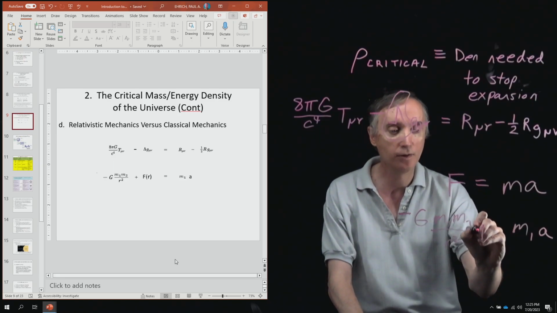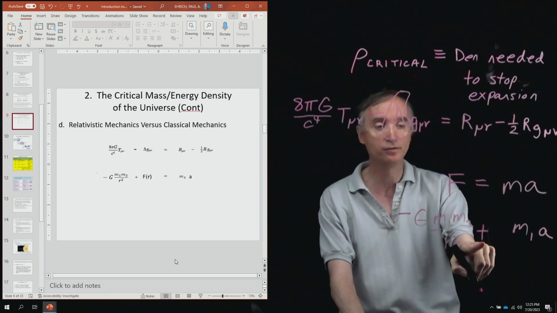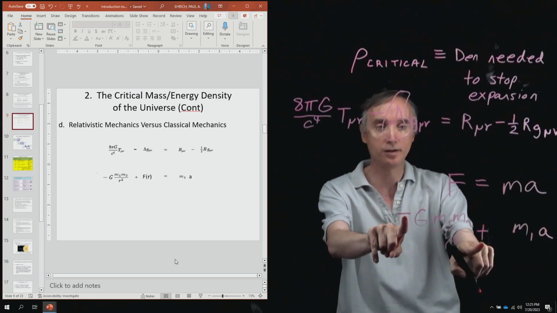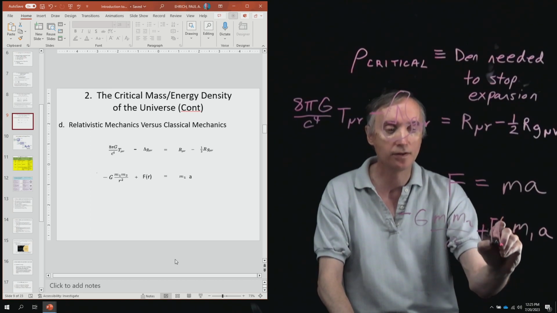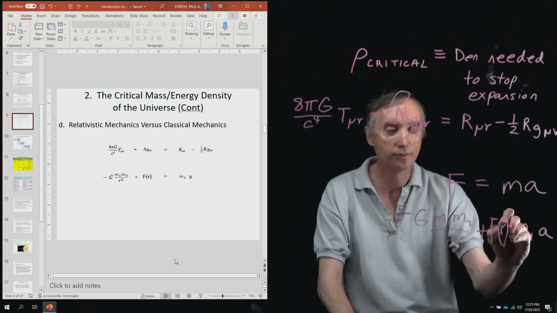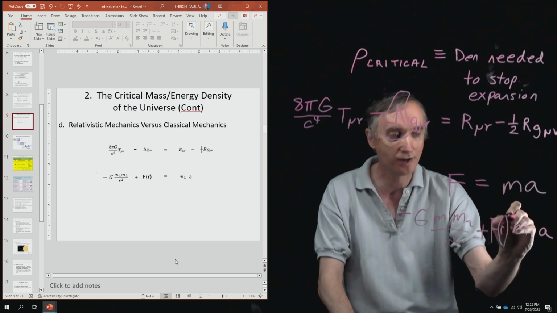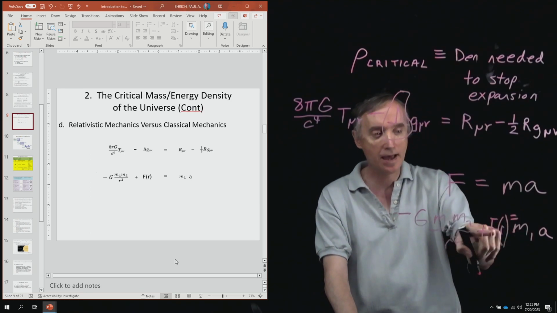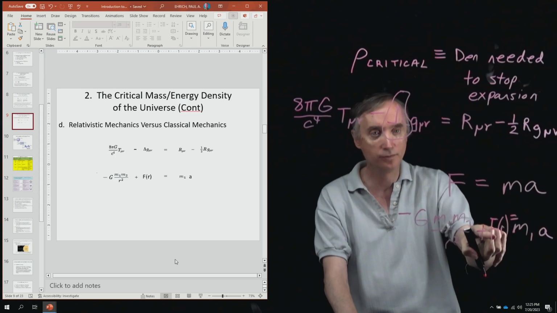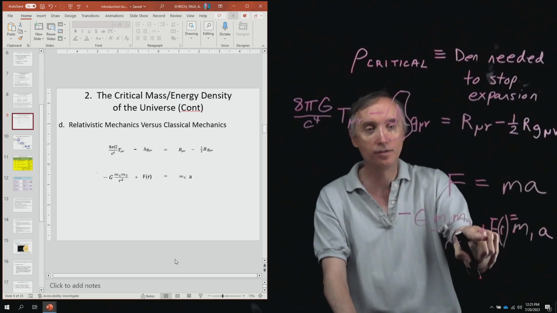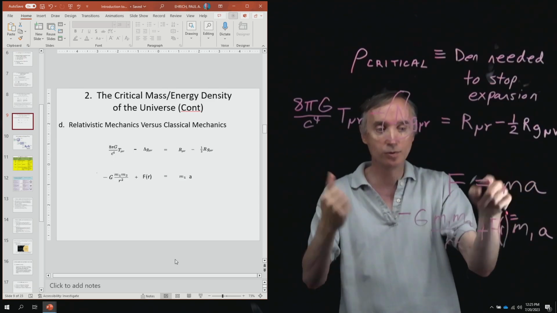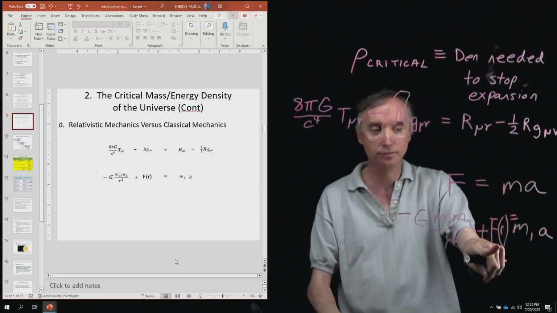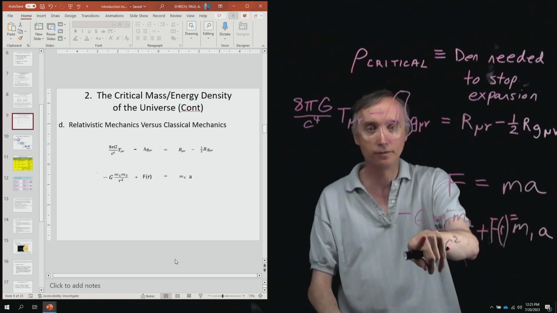We said that it was a term that was positive to counteract the negative, and it was some force that depended on R. Then put the equal sign in there. So we need to add one additional term, and the effect of this term would be to expand the universe. This would be anti-gravity, and this would be regular gravity.